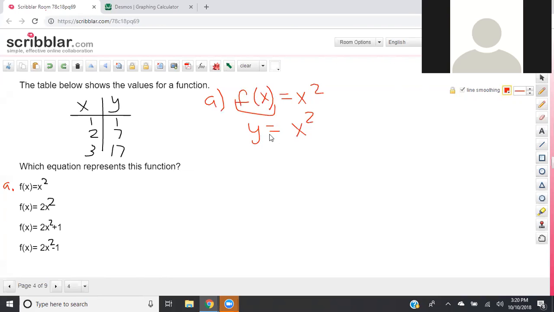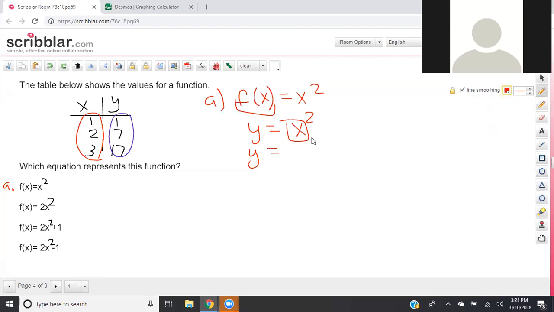So what we can do is take the x values of the table and plug them in to see if we get the correct corresponding y values. We want these numbers, the 1, the 7, the 17, we want them to come out. So we take the letter x and we replace it. And again, we have to do this one at a time. We're checking each of the possible numbers in the table.